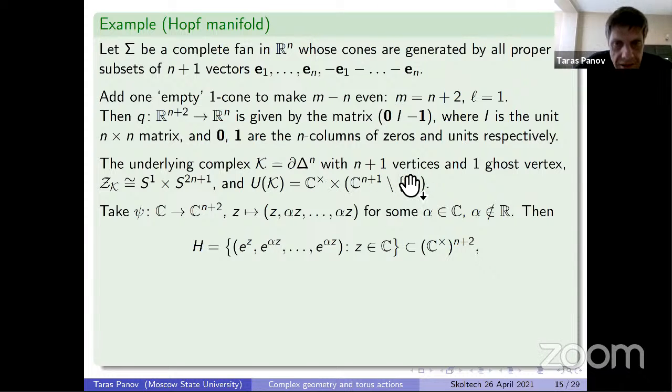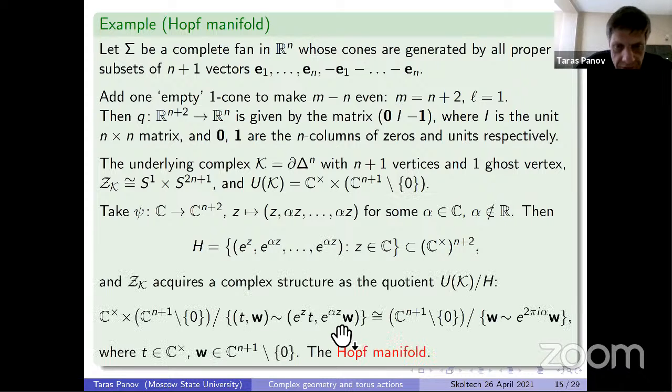And then you take quite a similar thing as in the previous example with tori. You define a one-dimensional subgroup with one complex parameter alpha, which is not a real number. Its imaginary part is non-zero. And then you take the quotient of this space by the action of C given by this holomorphic subgroup.